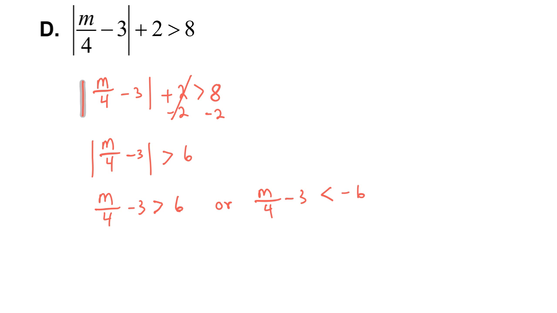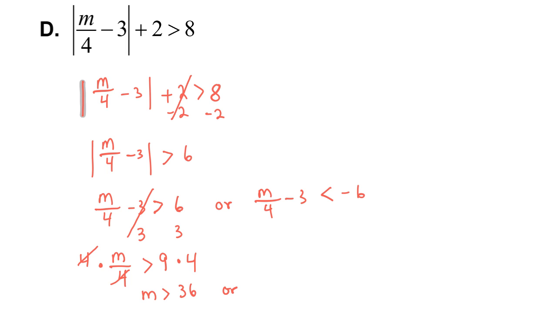So the first step to solve the left inequality is to add 3 to both sides. So you have m over 4. This becomes 0. 6 plus 3 is 9. You notice that we have the 4 in the denominator, so you're going to multiply by 4. You're actually multiplying by the reciprocal. 4 divided by 4 is 1, and you're left with m is greater than 9 times 4, which is 36.